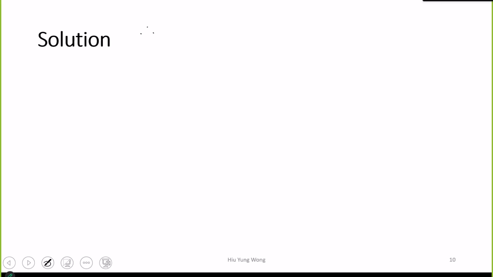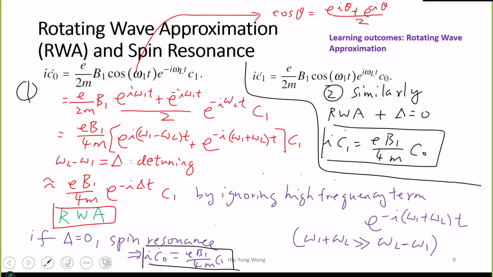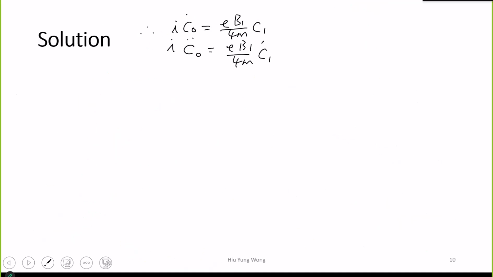For example, I start with i C0 dot equals EB1 divided by 4M times C1. Then I take one more time derivative. Do you see that? I just take one more derivative, so I have C0 double dot, the second derivative, and on the right side I have a first derivative, so that I can plug C1 dot into it.